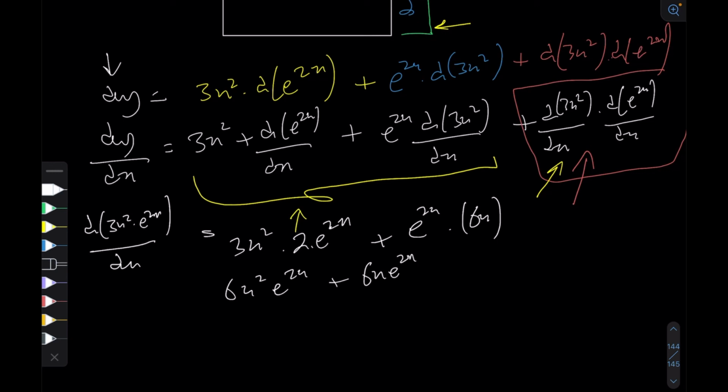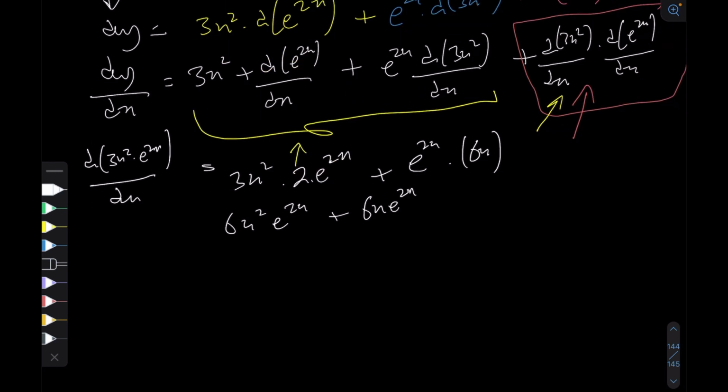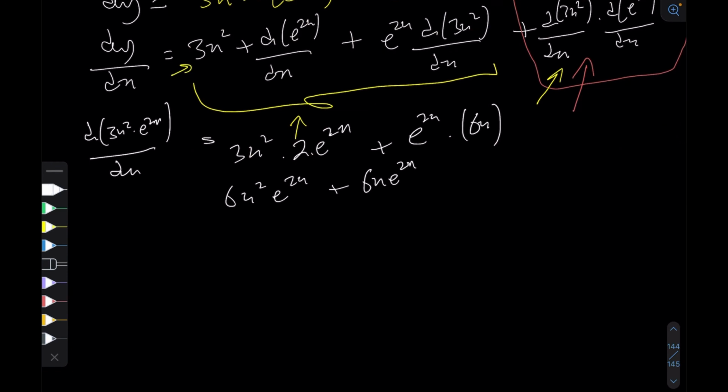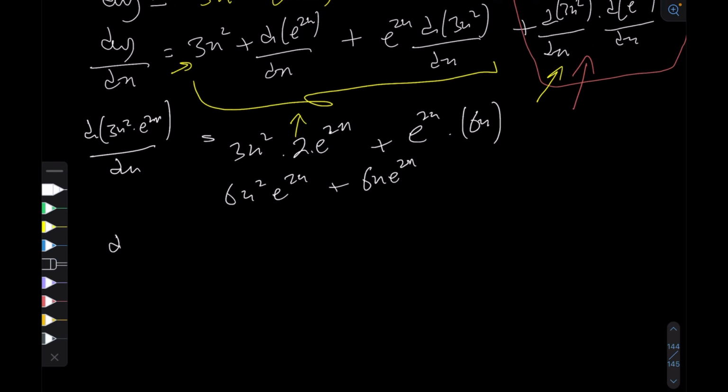Now, the thing to notice is the pattern over here. When you look at this pattern, you'll realize that you take one of them multiplied by the differential of the other, plus you take the other multiplied by the differential of the previous one, right?